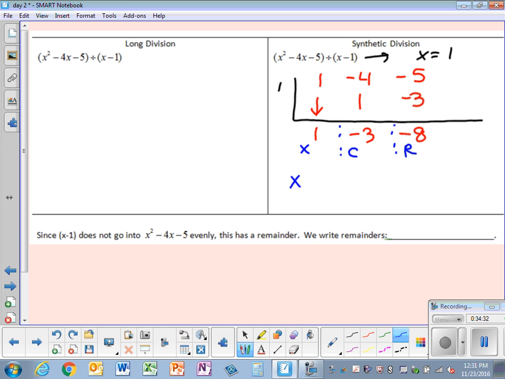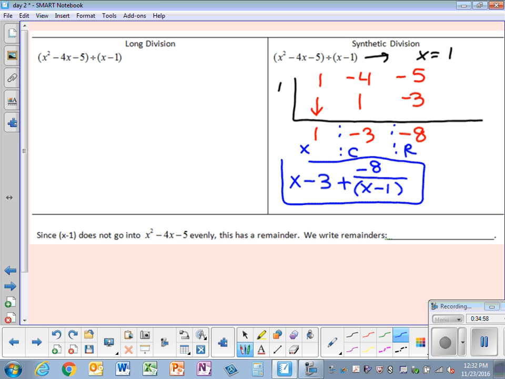So then x minus 3. Oh, but then I have a remainder. So plus my remainder, which is negative 8, divided by, what was my divisor? No, not your 0, but your factor, which is x minus 1.